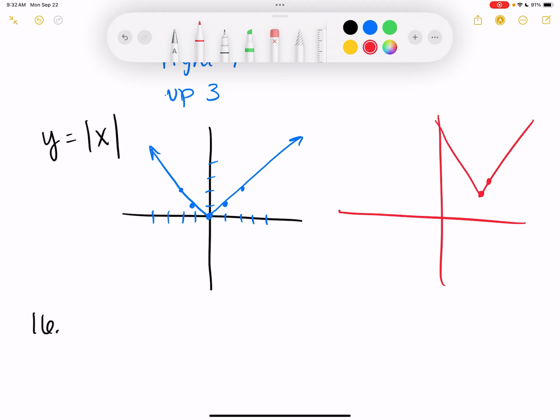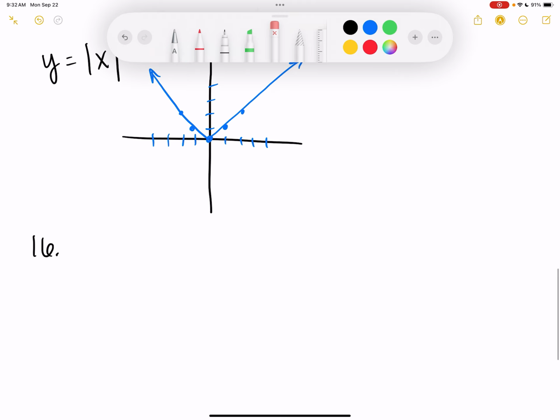That tells you nothing is happening to it as far as being compressed or stretched, because if they weren't basically a 1-to-1, then something would be happening to it. We would find that by looking at the slope of the line, but this one doesn't have that. So this graph looks like it has gone to the right 4, and I would just note that.